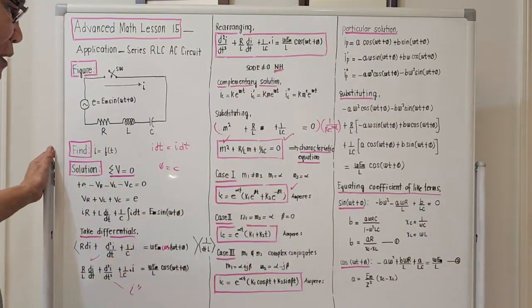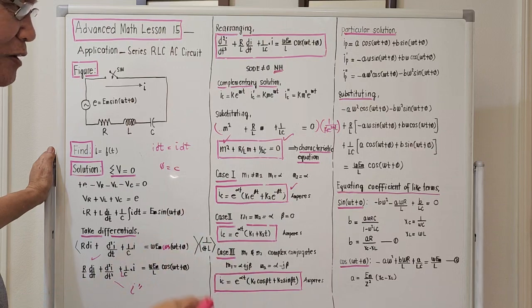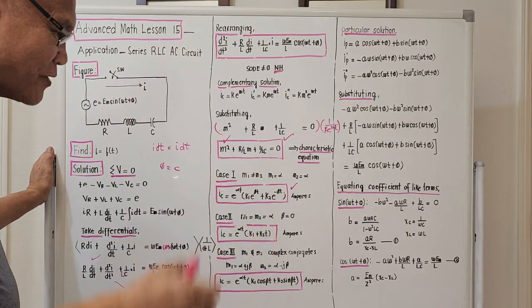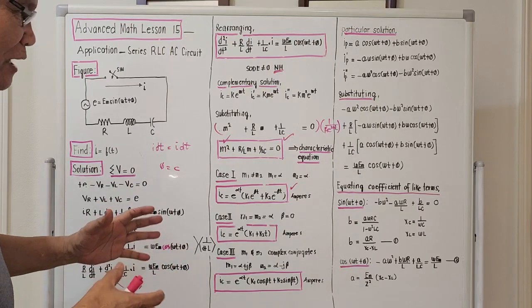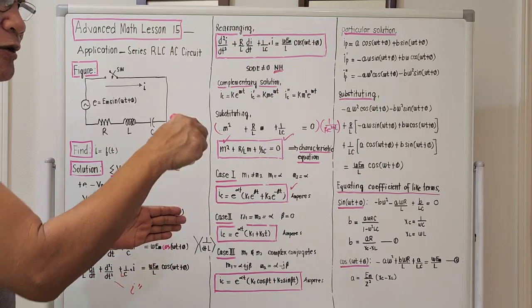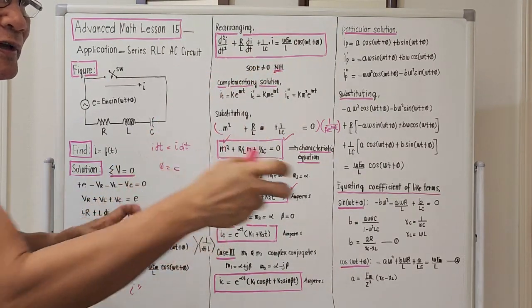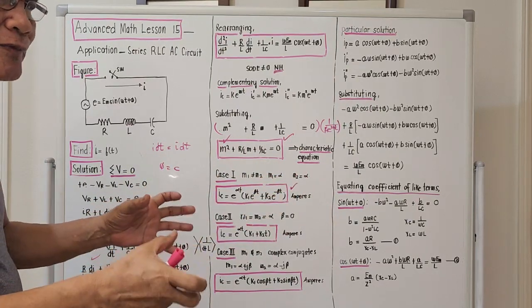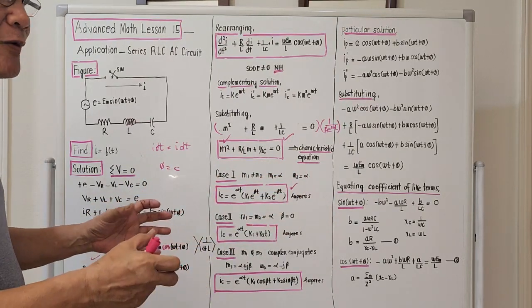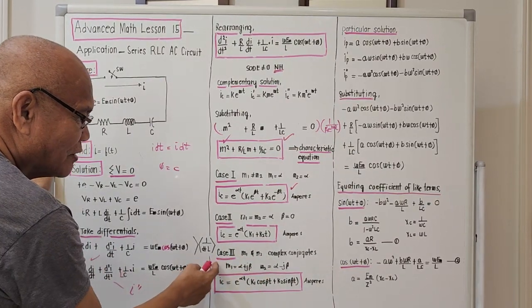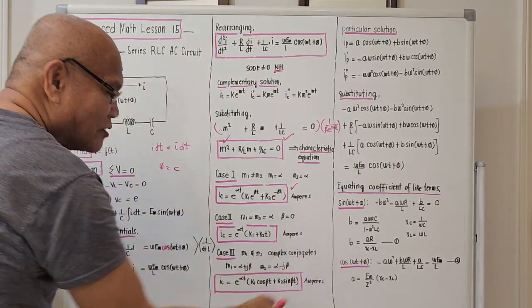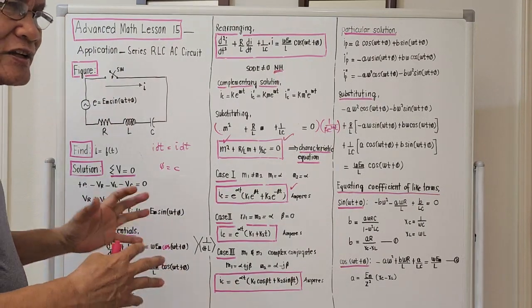And for case number 3, this is the worst case scenario also for the complementary solution. Because for case number 3, if the resulting value of b squared minus 4ac on the quadratic equation comes out to be so-called complex conjugates, m1 and m2 under case number 3 are actually complex conjugates, meaning there is an imaginary part.